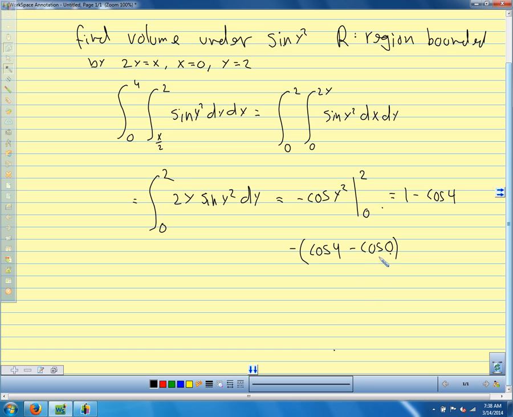Cosine 0 is 1, but we have the negative sign, so we have 1 minus cosine 4. All right. Are we all good now?